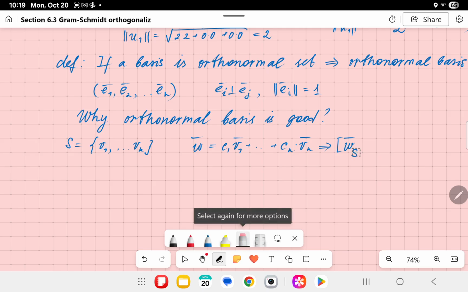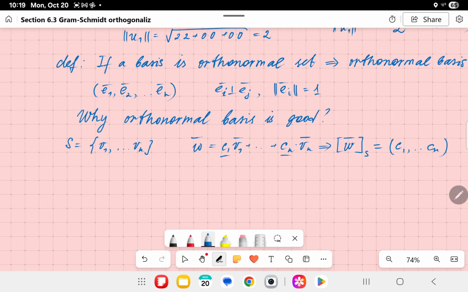And then we say that this is vector W in basis S. Sometimes we put square brackets around it, which I don't have space for. Coordinates are going to be C1 through Cn. But to find these C1 through Cn, we need to write down a linear system, a column of these vectors, and solve for C1 through Cn like we do for x1 through xn.